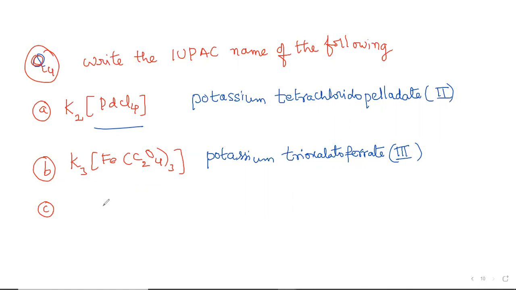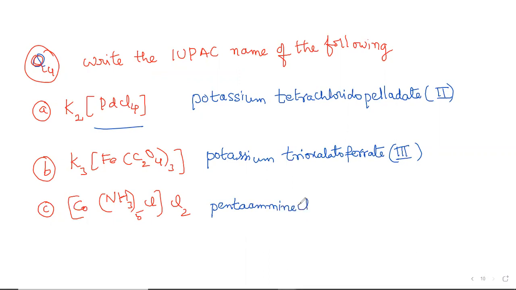And the last one for this session: [Co(NH3)5Cl]Cl2. 2 Cls are there outside. For such an example, we know the name starts with pentaammine.